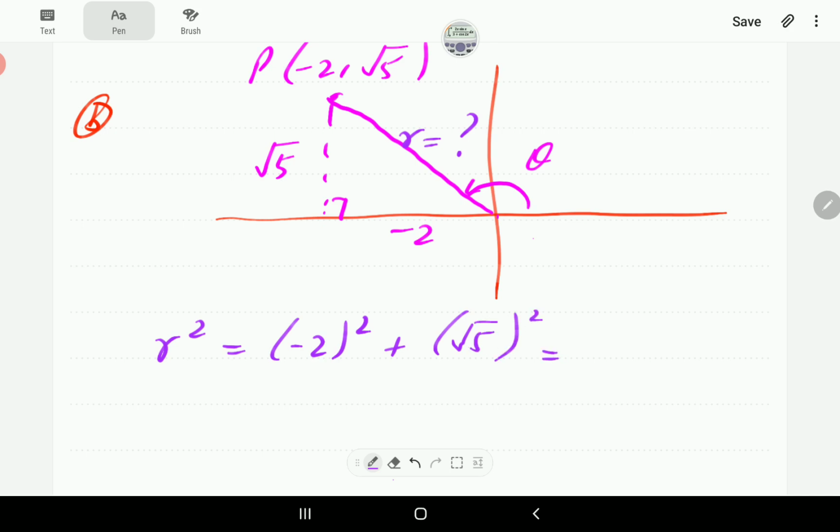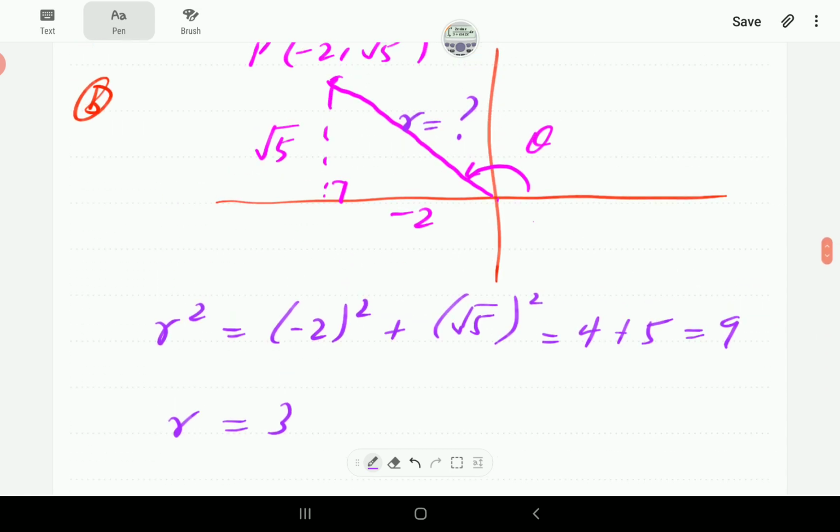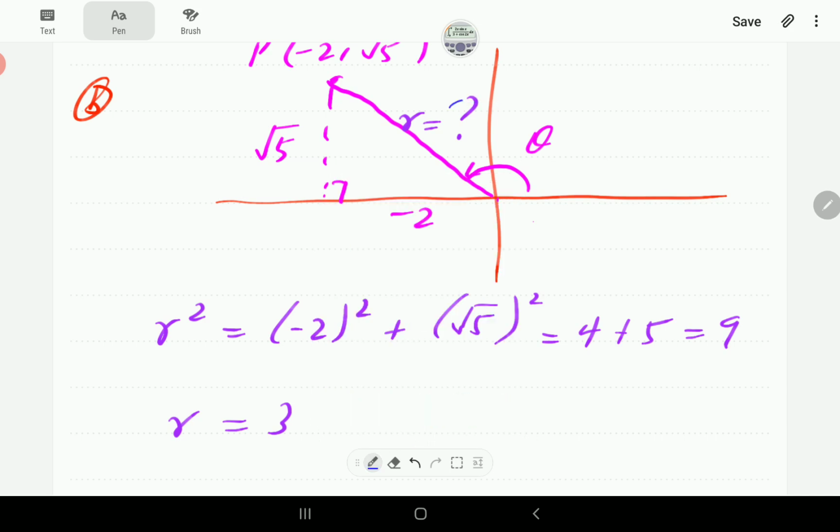Negative 2 squared is 4, root 5 squared is 5, so this is 9. So r squared is 9, and r is 3. Notice r is not plus or minus 3, because r is always positive, so it takes the positive value. We can now go to our diagram and say r is 3.